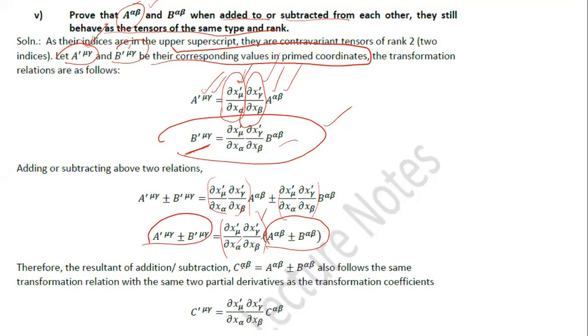So we conclude that whatever quantity we obtain out of addition or subtraction of these two tensors results in a tensor of the same type, contravariant rank 2, because it involves two partial derivatives, so it's rank 2. And in the partial derivatives, the prime coordinate variables are in numerator. So the resultant of addition and subtraction of two contravariant tensors of rank 2 is the same type of tensor.